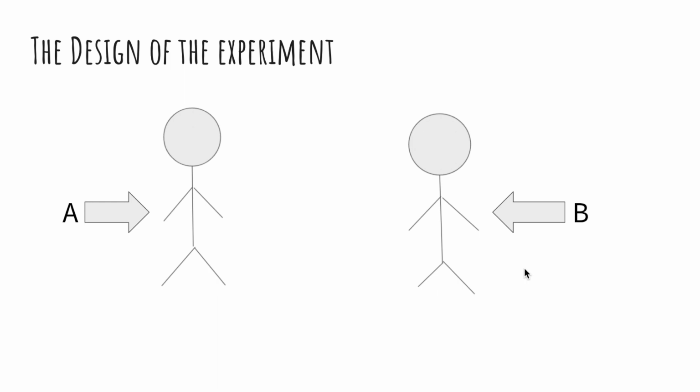A and B have been playing these strategic games for multiple rounds. And A will start to get a sense of how B is going to react to what A says.